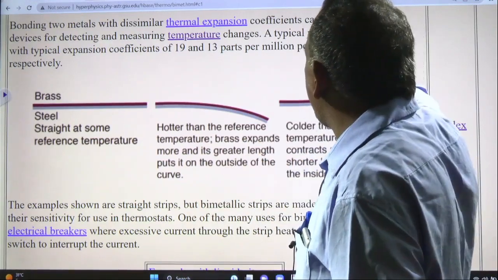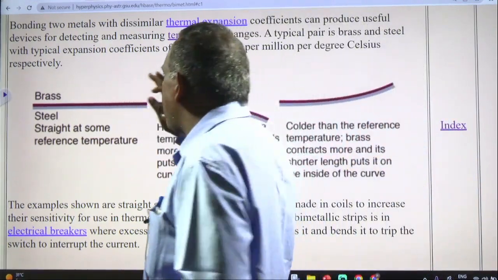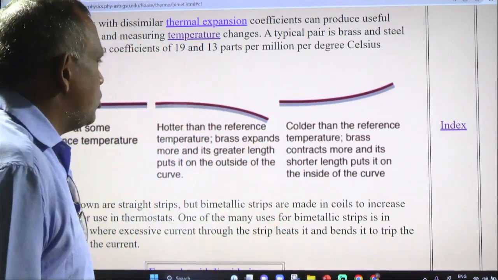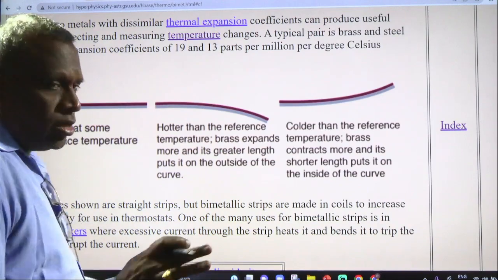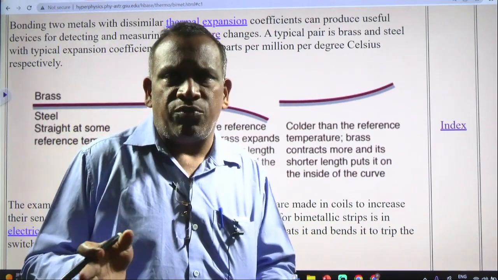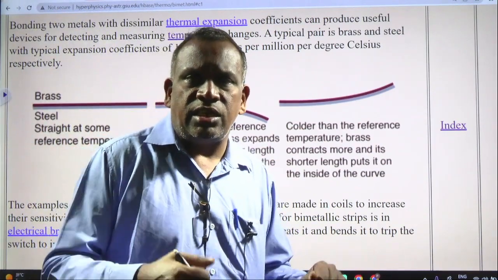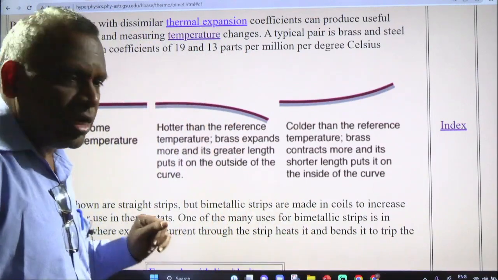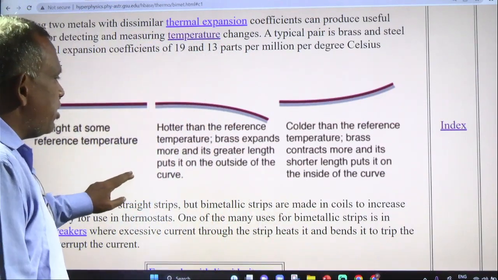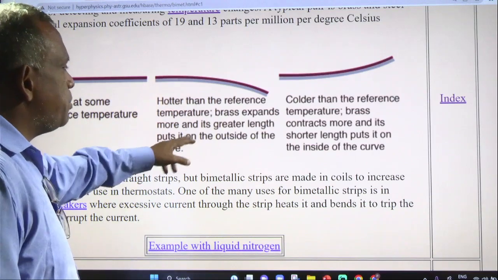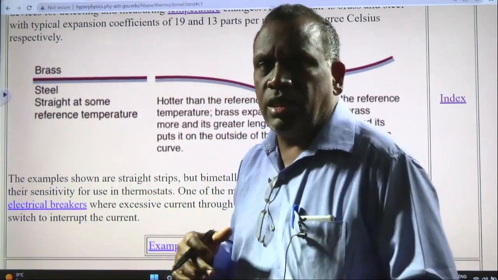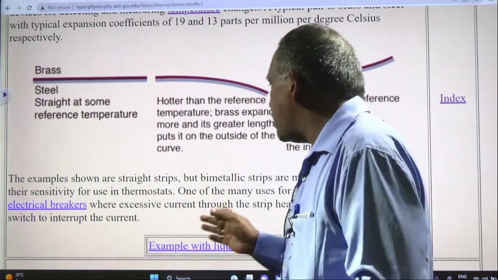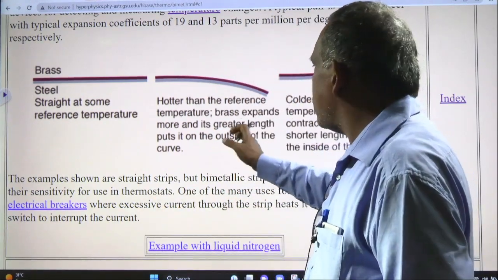A typical pair, brass and steel, is a typical example of a bimetallic strip, which is used in instruments wherever you need to cut off current, etc. In such cases we use these bimetallic strips. Whenever you increase the temperature, brass expands more, and the greater expansion results in greater bending, on the outside of the curve.